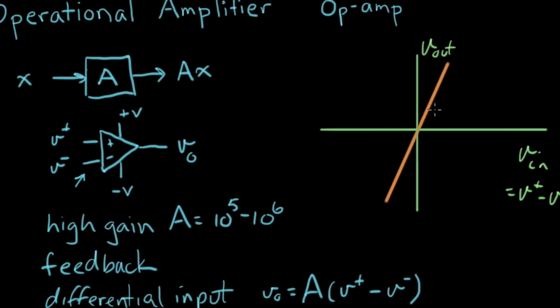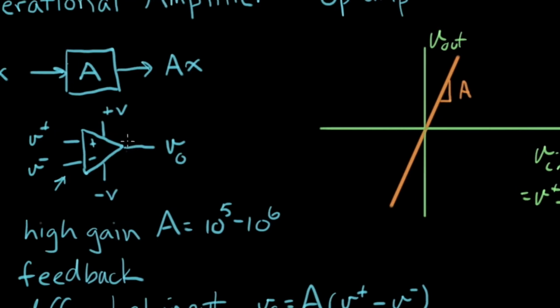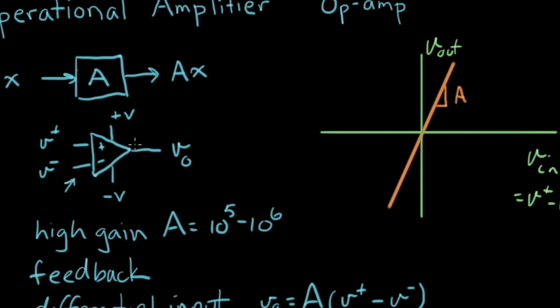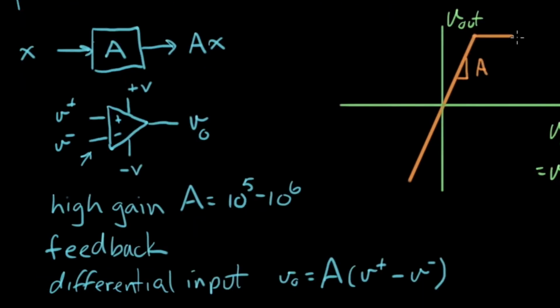We will call the output V out, we will call this input V plus, and we will call this input V minus, and the differential input means that V out equals A times V plus minus V minus. So the output signal is proportional to the difference in the voltage signals.